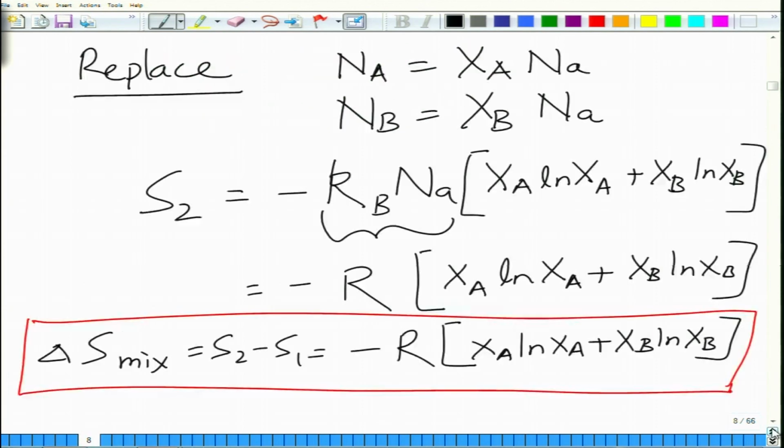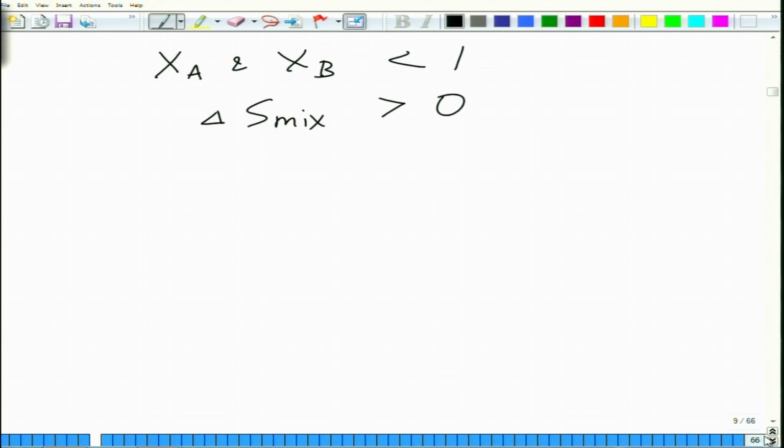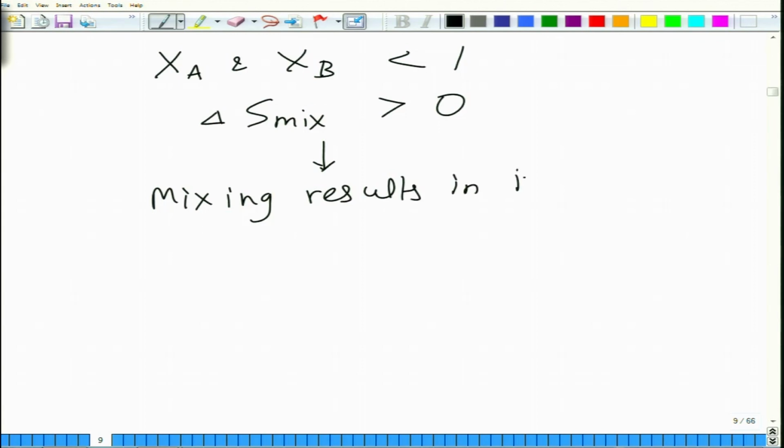In the above expression, since Xa is smaller than 1 and Xb is smaller than 1, the logs of these are going to be negative. As a result, negative will become positive, and delta S mixing will be greater than 0, which means that entropy increases after mixing. So, mixing results in increased entropy.